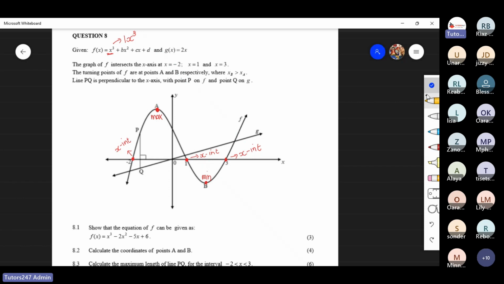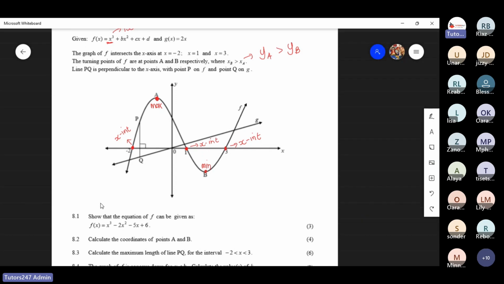So whatever y values we find, if we are asked to find the turning points, the bigger y value will be for A and the smaller y value will be for B. So x of B is greater than x of A, but y of A will be bigger than y of B. So let's just make a note of that. So y of A is greater than y of B. Why? Because A is higher than B.